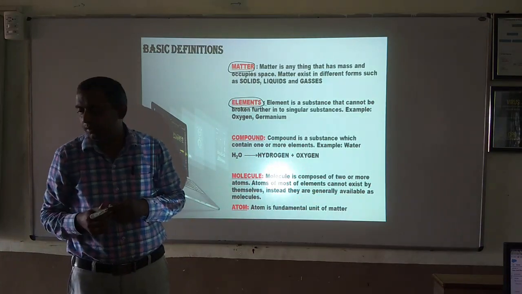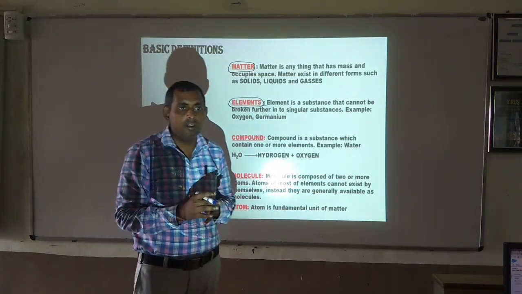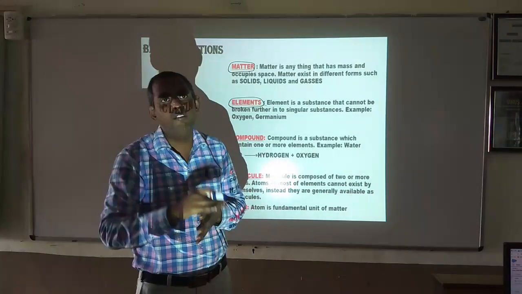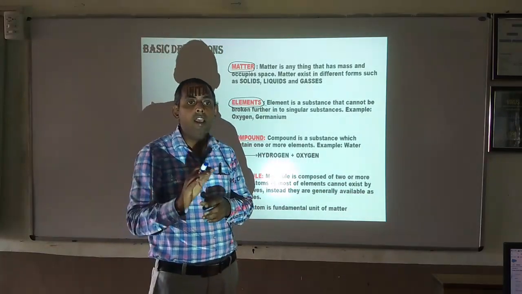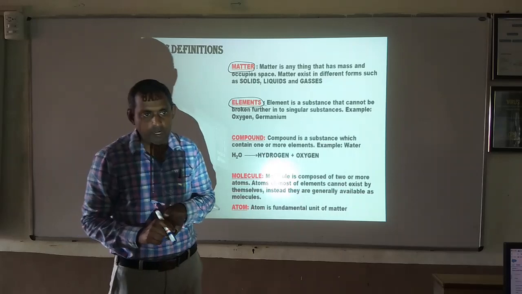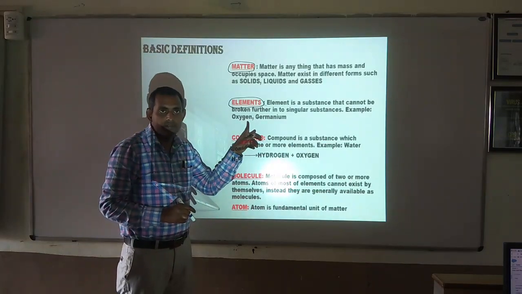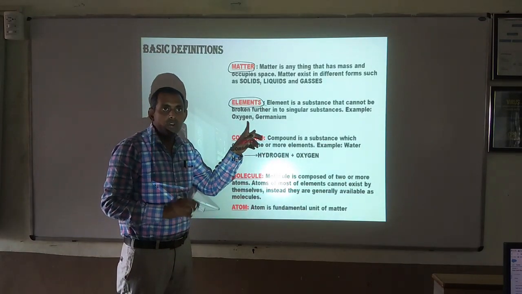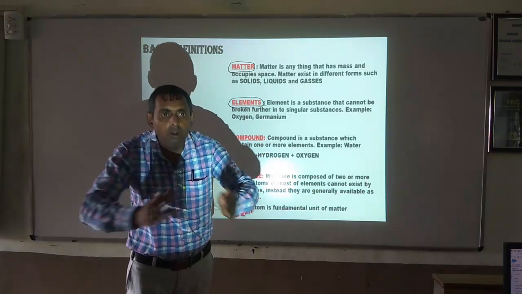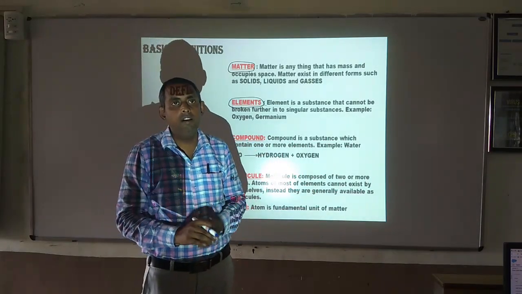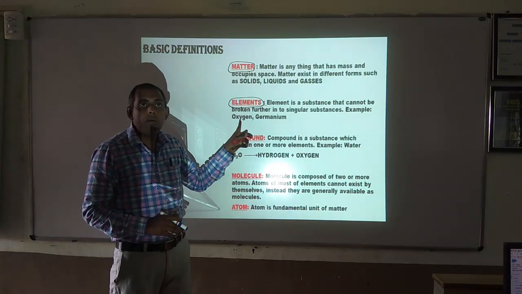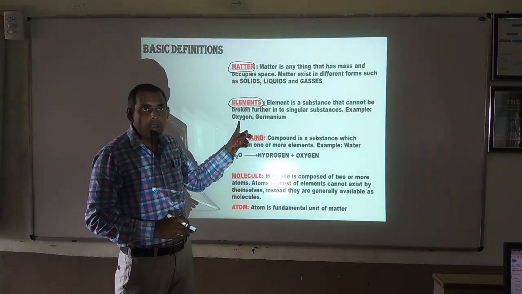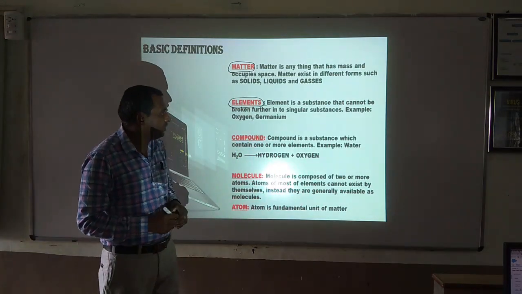It is a substance that cannot be broken further into a simpler substance. For example, oxygen cannot be broken into further substances. That's why it is an element. An example of an element is oxygen.